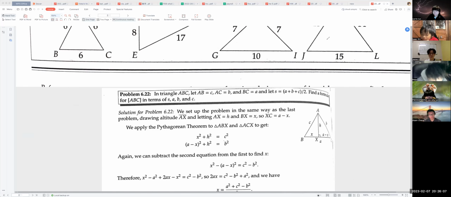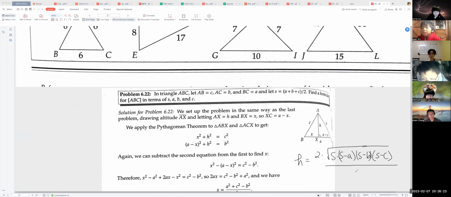Okay, let me say it again. In this triangle, the formula to calculate this h is 2 times the square root of s times s minus a times s minus b times s minus c, right? And divided by a. Why? Everybody, it is because this height is based on a.